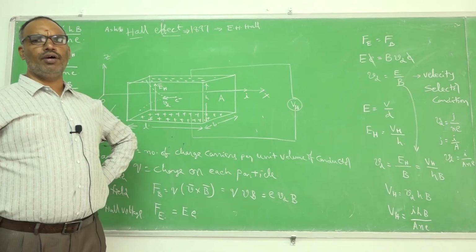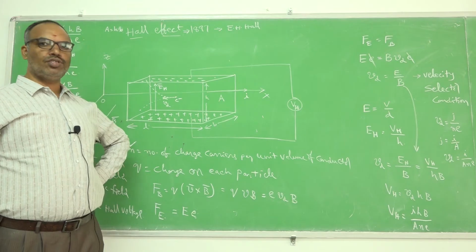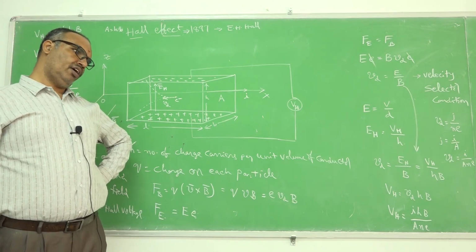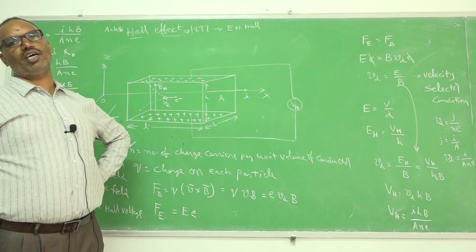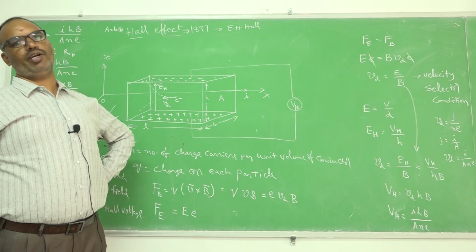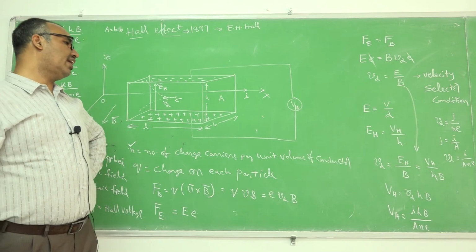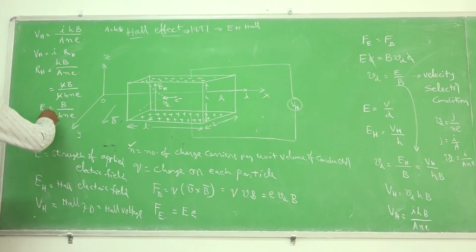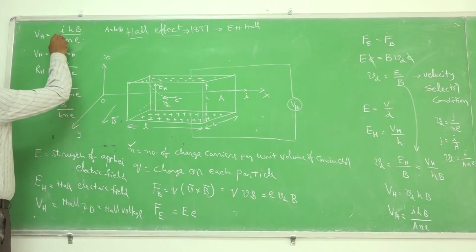In gold, we have some other N value. So for every conductor, every insulator, every semiconductor, the number of charge carriers per unit volume is a fixed quantity. We cannot physically calculate what the N value is. The N value can be calculated by using this Hall potential.